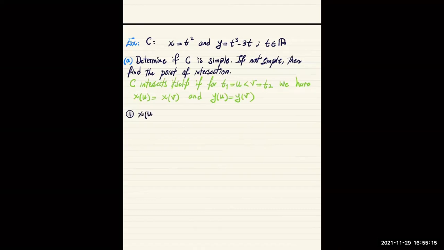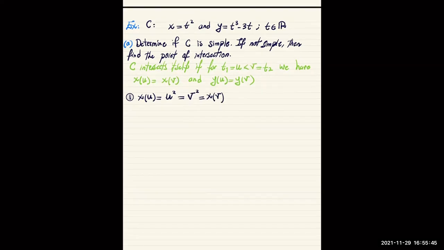x at u, just take your x function and plug u in it. That's what x of u is. It's u squared. That's equal to x of v, take v and plug it into your x function, so that's equal to v squared. Okay, so our first equation is u squared equal to v squared.